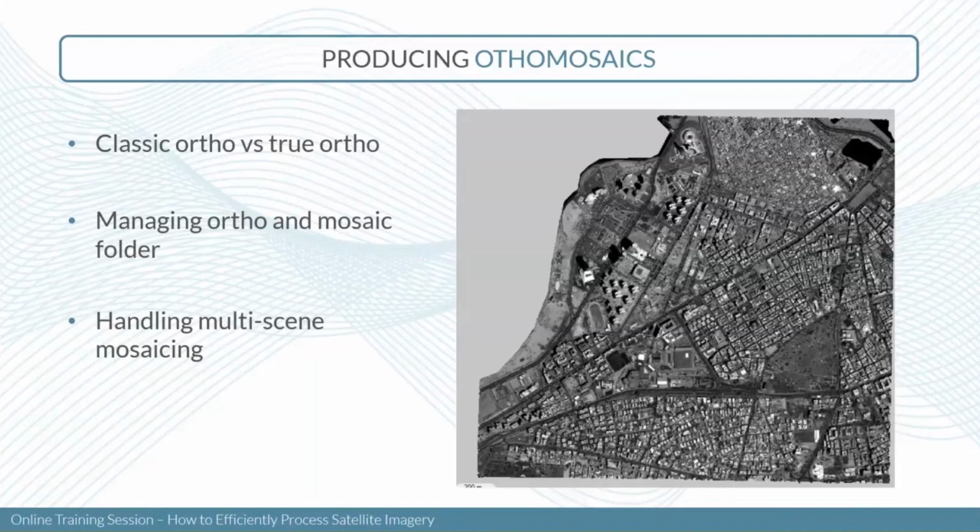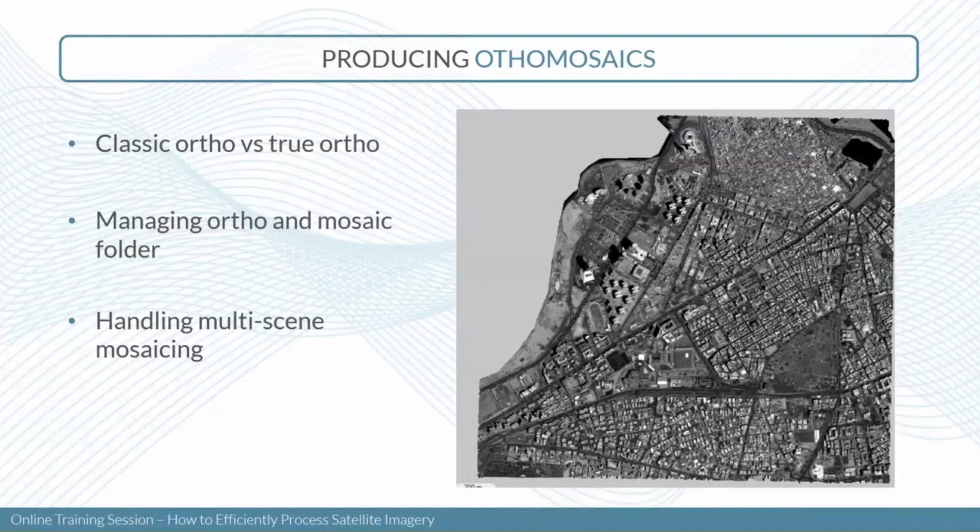You're going to have two different folders at the end: one with your orthomosaic with your panchromatic images, and one with your multispectral images. At this point, you're going to have, let's say, your panchromatic at 30 centimeters, and your multispectral at more than 1 meter resolution.